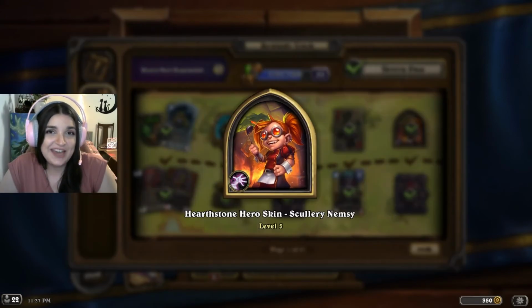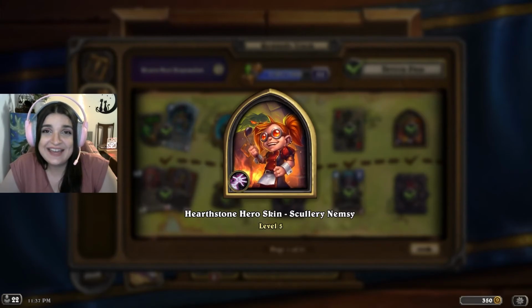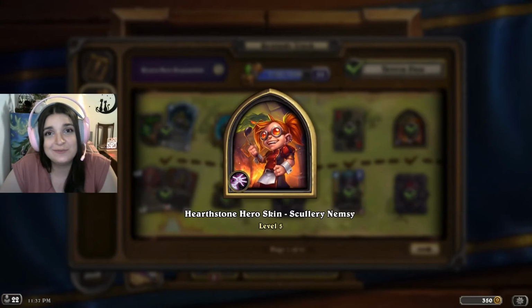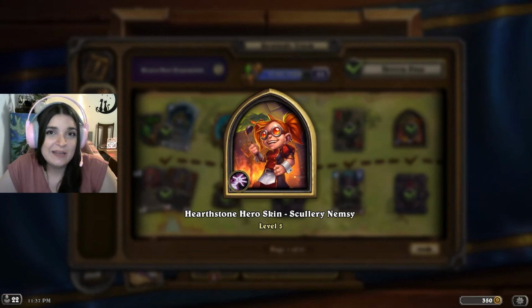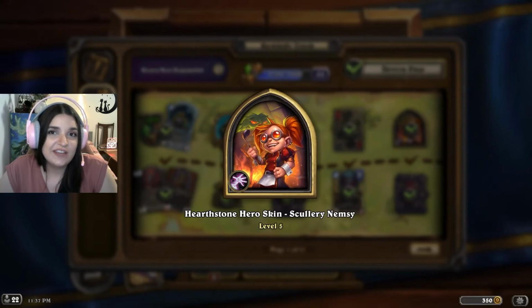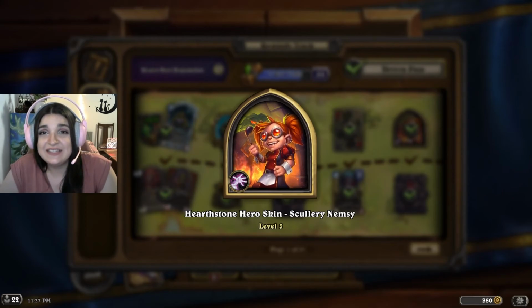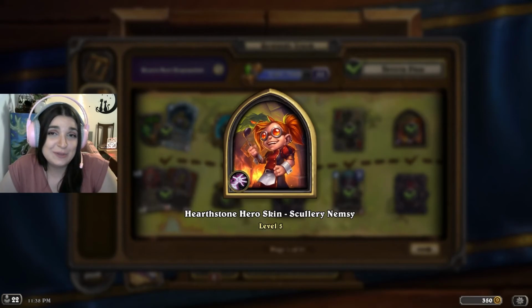I would like to point out that it seems like my community and Blizzard agreed on another thing, and that is which skin is the worst, which skin is the least desirable, and it seems to be Nemsy. Because if we made this assumption that the best skins would be the hardest ones to get, the level 100 skins, then it naturally aligns with that logic that the first skin to get, the easiest one to get, would of course be some skin that is least valued, and it seems to be Nemsy.